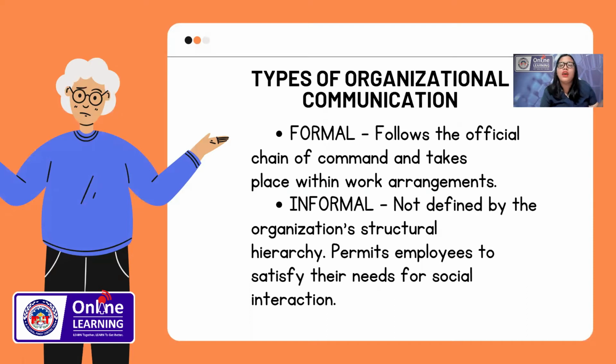You don't need the official chain of command for informal. For example, when you are talking with your friends, that will be okay. Formal should be formally talking with one person, like when you are a stranger, such as in job interviews, it should be formal.